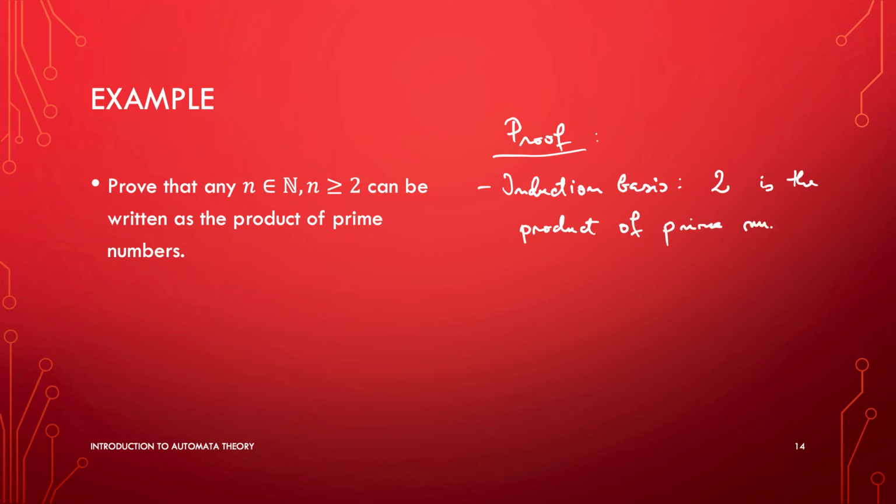And this statement is obviously true because 2 itself is a prime number, and obviously you can write it as a product containing just one single factor itself. So this is a trivially true statement. 2 is indeed a product of prime numbers with the product consisting of just one factor. So this is true, the induction basis.